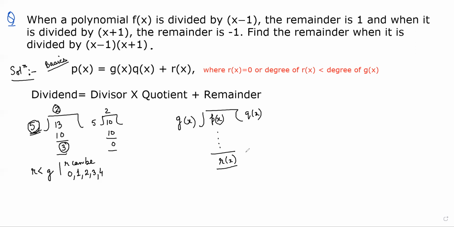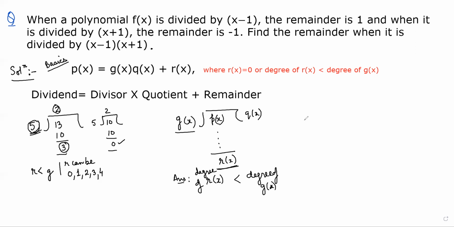This remainder can be 0, that's not a problem, as we saw here with 0. But we asked ourselves: what should be the relation between the divisor and the remainder? Answer: the degree of r(x) should be less than the degree of g(x).